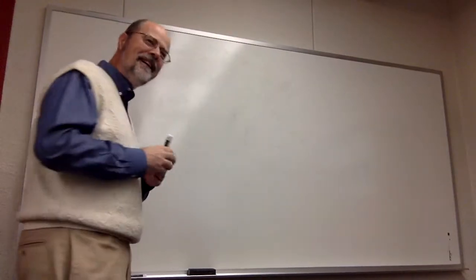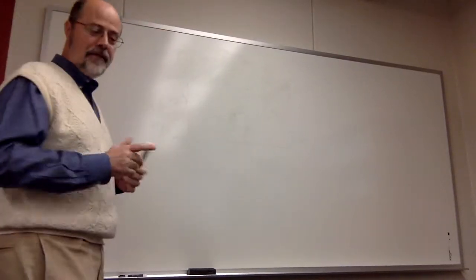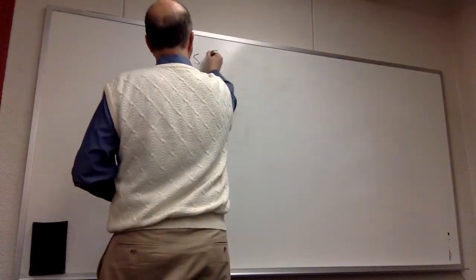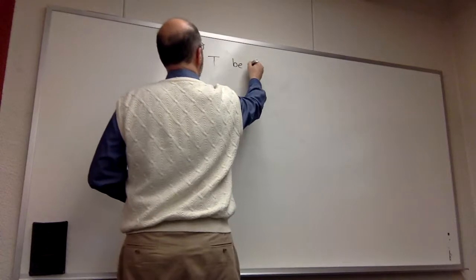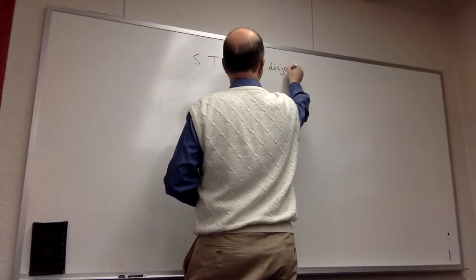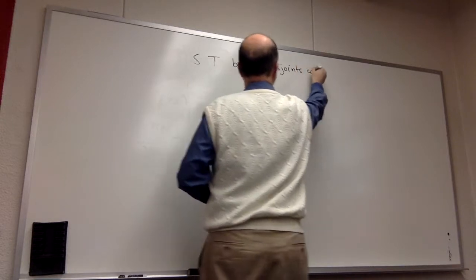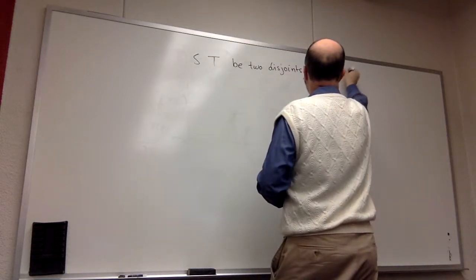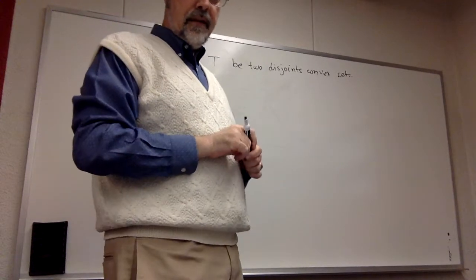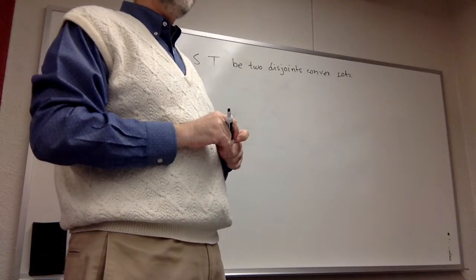And math. All right. So, the first version of the separating theorem says, let S and T be two disjoint convex sets. If they're disjoint, you don't have to say anything about their interiors.